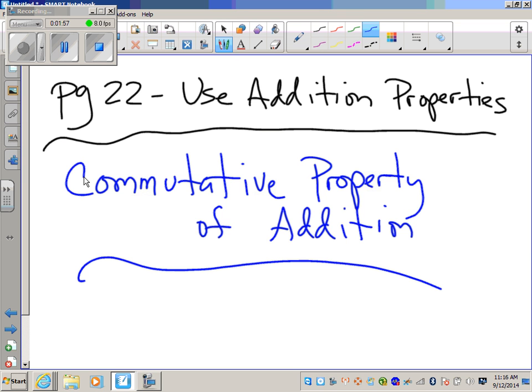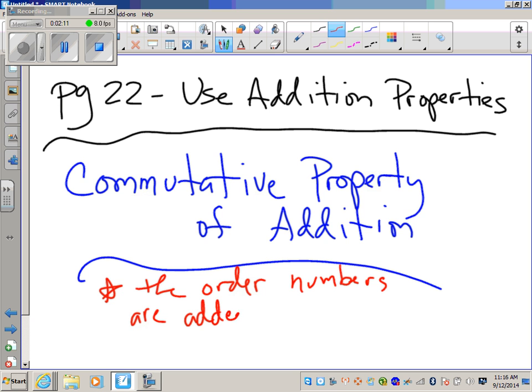Basically, the order numbers are added does not affect their sum.